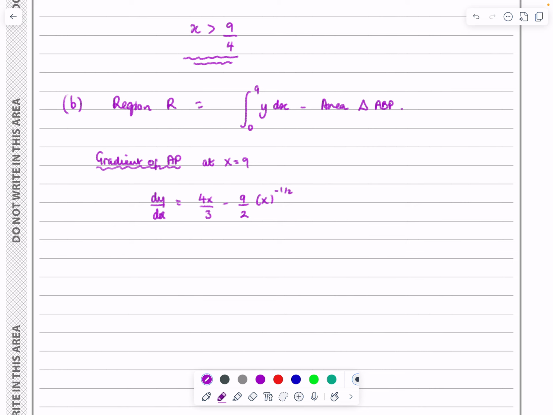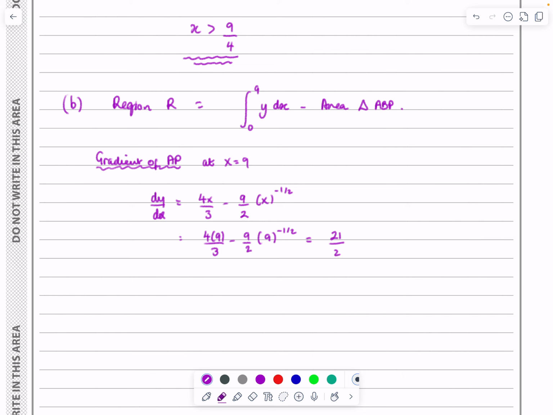Now we put x equals 9 in. So I'm going to get 4 lots of 9 over 3 minus 9 over 2 lots of 9 to the minus half, and just work out what that is on your calculator. That works out to be 21 over 2.